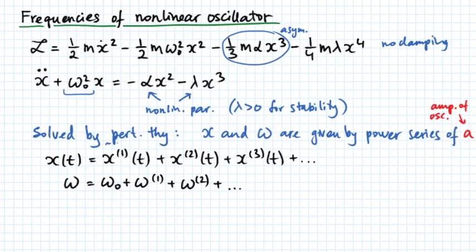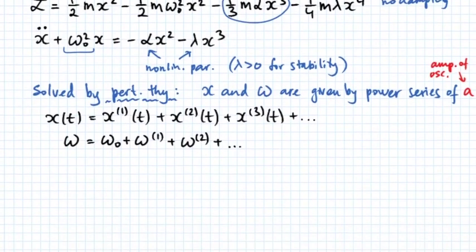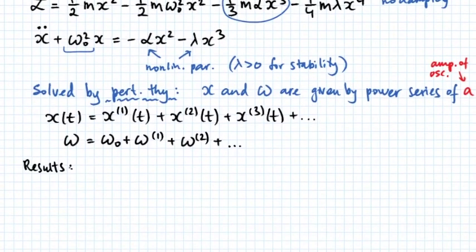The actual perturbation theory, in this case, requires a number of steps. So in this overview, I will simply present the results. The first term of the perturbation theory is simply A times cosine omega t, where omega is given by this expression here, the true frequency, which itself has several terms: omega naught plus omega 1 plus omega 2 and so forth.